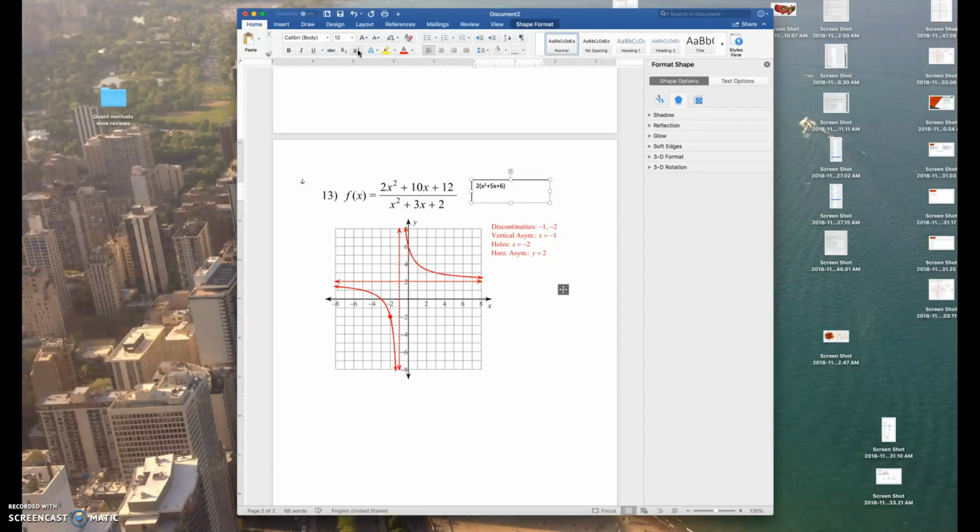And then your numerator is going to factor again. Your denominator, though, is going to be an x plus 1 times an x plus 2.